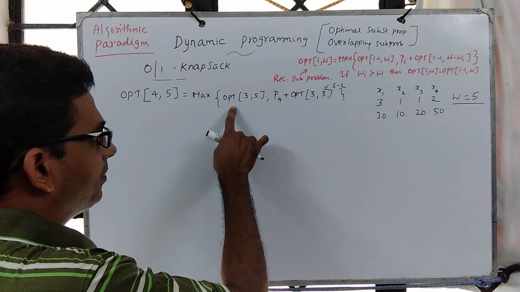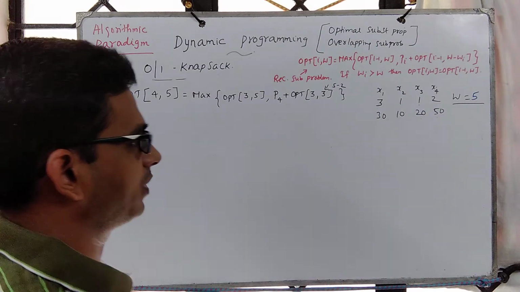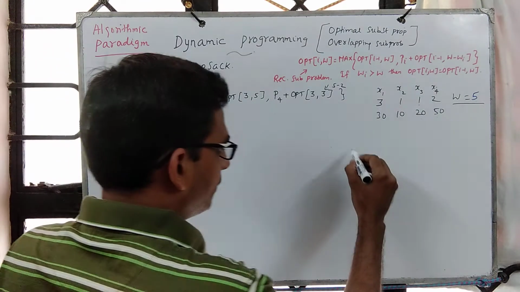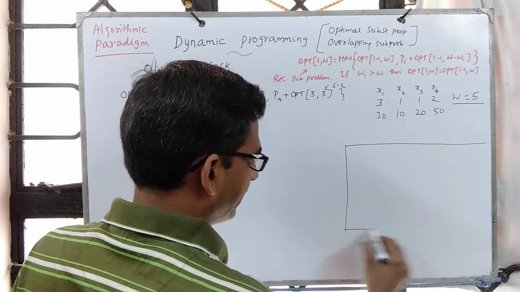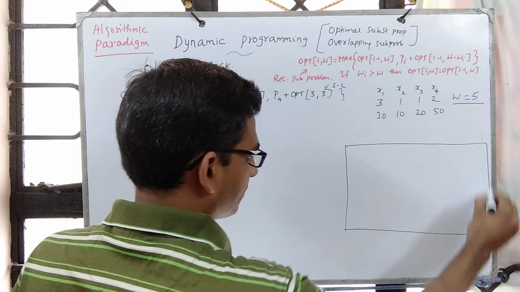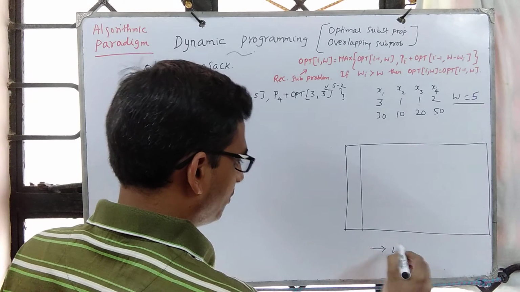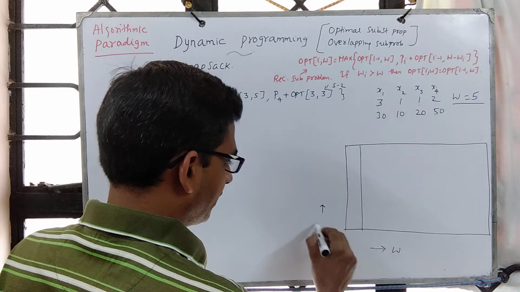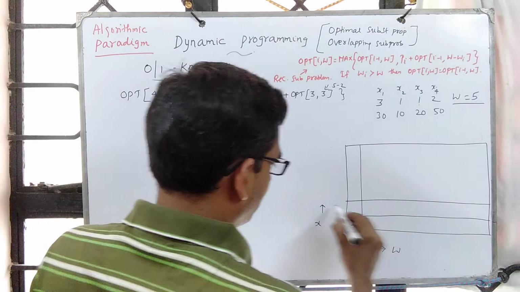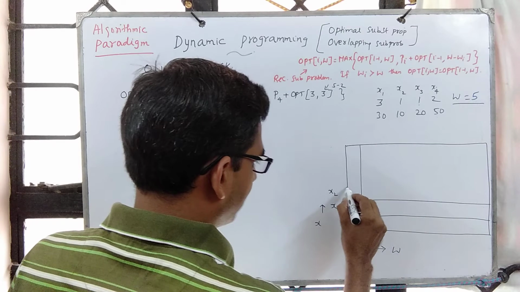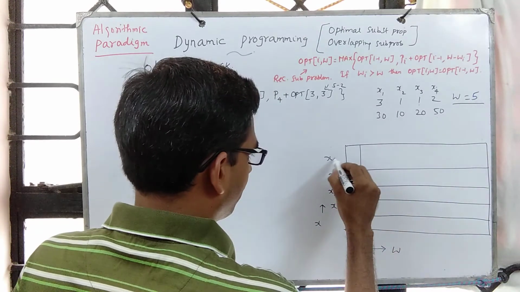Now we have to compute opt of 3, 5 and opt of 3, 3. In turn, that would depend on some other subproblem and so on. So what we will do is, we are going to construct a table and populate that table in a bottom-up fashion. So the idea is this is on W side and this is our X. So X1, X2, X3 and X4.